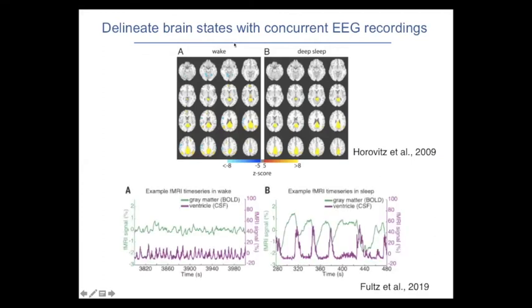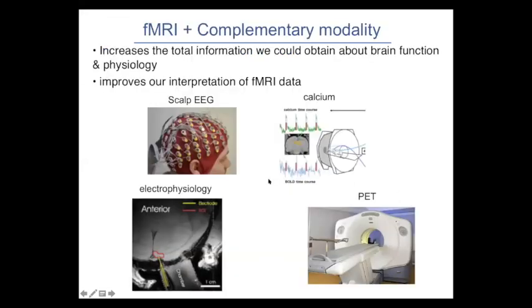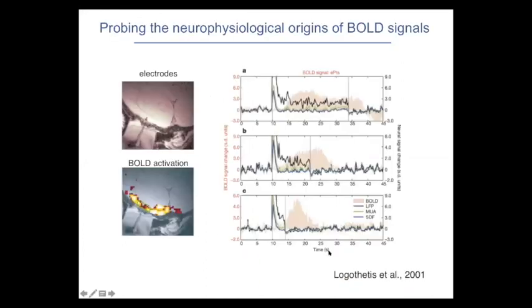Another benefit of integrating these complementary modalities is that it can improve our interpretation of fMRI data, because we have other measures that are more direct measures of neuroactivity. I will give two examples. This is a seminal study from Logothetis, in which they demonstrated the neurophysiological correlates of the fMRI signal.